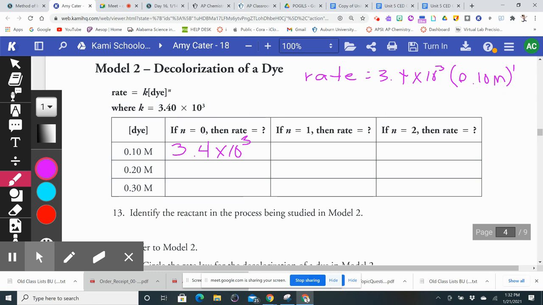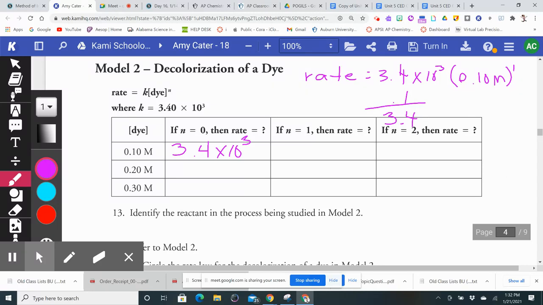Yes. So this raised to the first power is just that. So we would multiply 3.4 times 10 to the third times 0.1, which I'm going to do without a calculator, because y'all got to get used to doing it without a calculator.